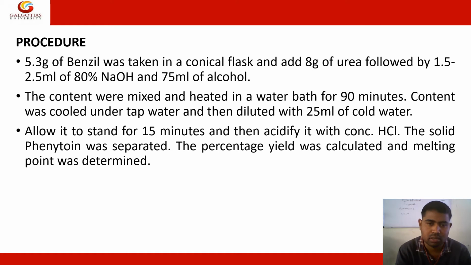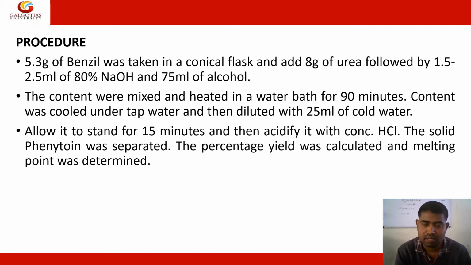After its dissolution, you just add this to the benzil and urea containing conical flask, and add 75 ml of alcohol to that. That is 75% pure alcohol. After the dissolution, the contents were mixed and heated in a water bath for 90 minutes. After the heating, you just have to cool this mixture under tap water.